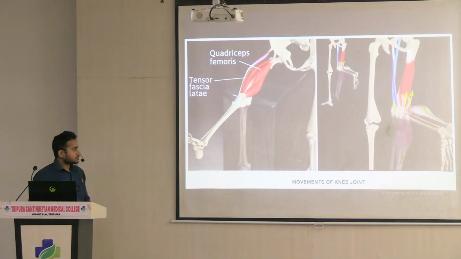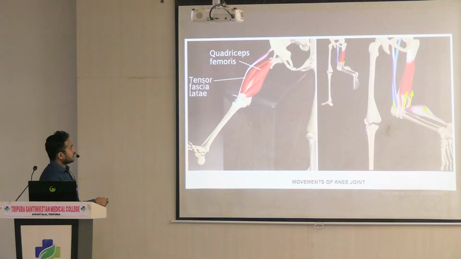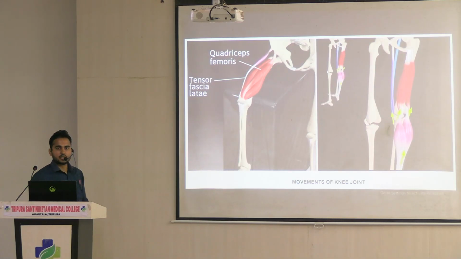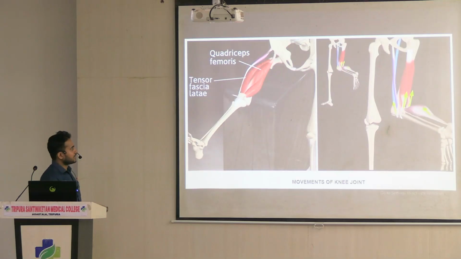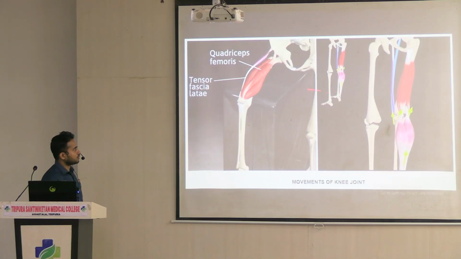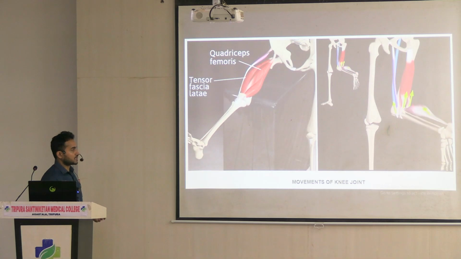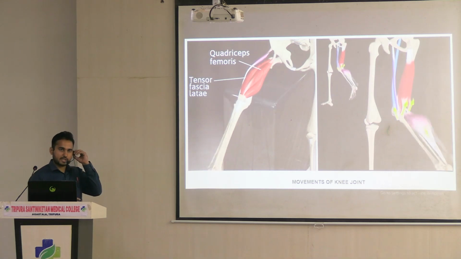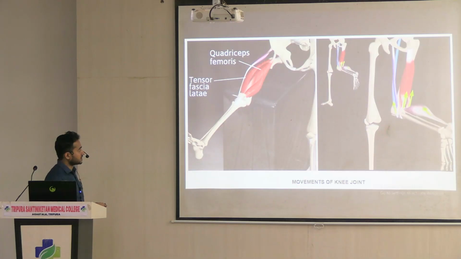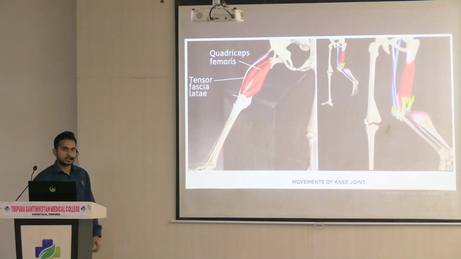Anyway, here you can see the movements, and along with that the muscles. This is the extension. This is the flexion. You can see the movements, and you can also see the muscles causing them. Till now, I have not explained about the muscles. I am coming to that. But here you can see the group of muscles causing extension, and the group of muscles causing flexion.